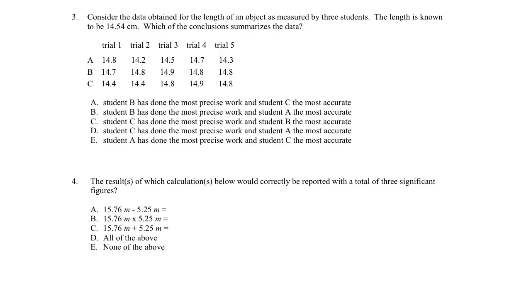Okay, so number 3. Consider the data obtained for the length of an object as measured by 3 students. Our students are A, B, and C here, and we have them doing different trials. The length is known to be 14.54 centimeters, which the conclusion summarizes the data.